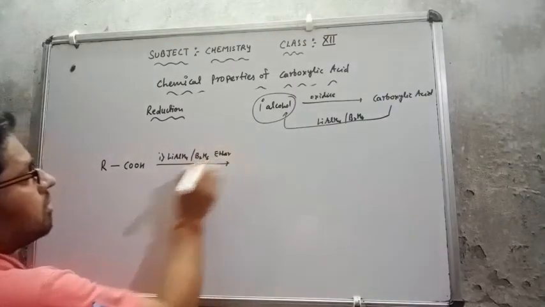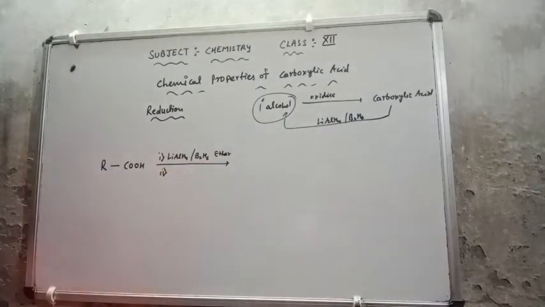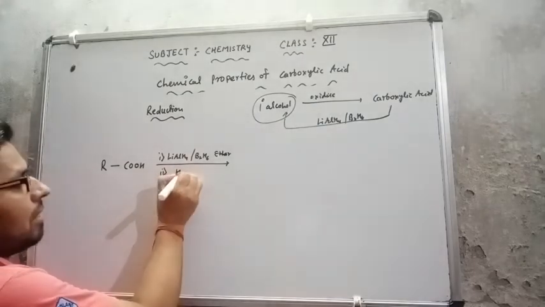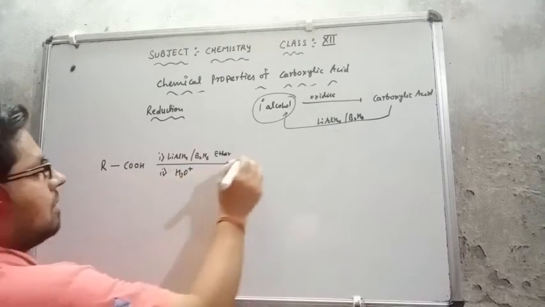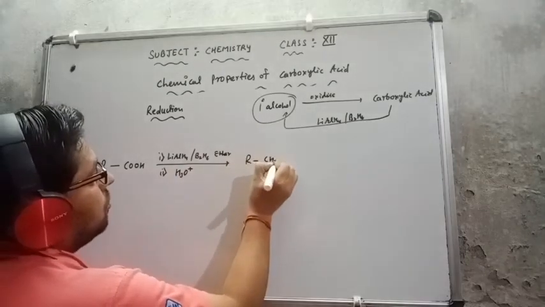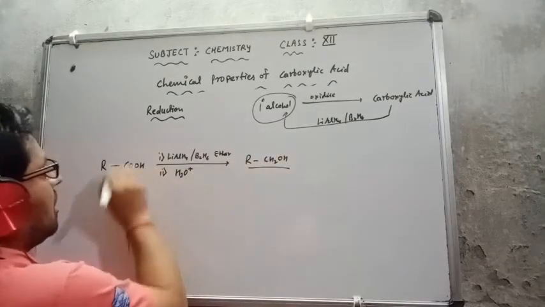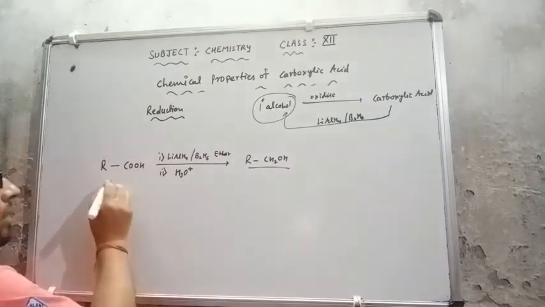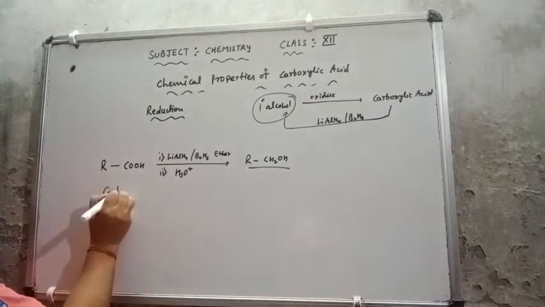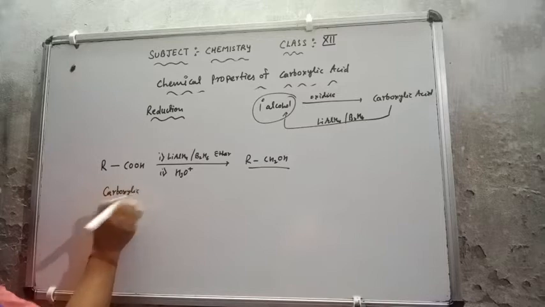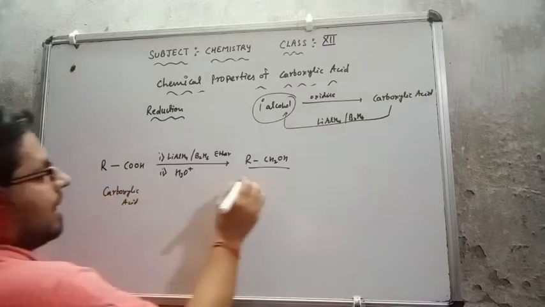This is the first step. And the second part is hydrolysis, that means H3O positive. Then this will be converted into CH2OH, that means COOH is converted into CH2OH. That means from carboxylic acid we are getting what?